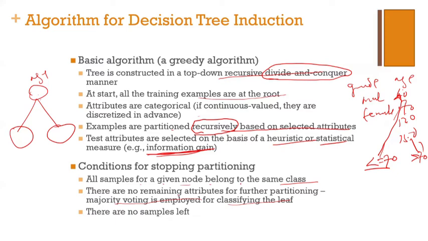So we have to ask what the majority class in that particular node is, then assign them to that majority class. Another option is that there are no samples left. Of course, this one is very obvious: if you finish classifying the samples you are given, there's no need to keep trying, and the system automatically ends there. So this is the algorithm for decision tree induction, which is based on top-down recursive divide and conquer.